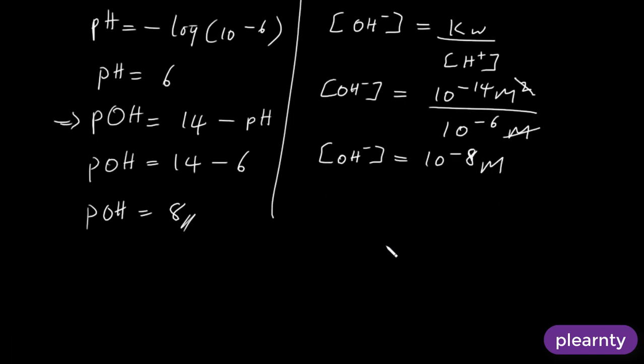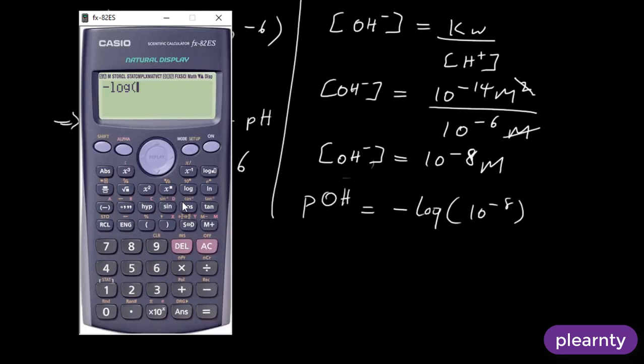Then from here we could say pOH is equal to negative log of hydroxyl ion concentration, which is 10 raised to power minus 8. Since that's our former answer, we could just say negative log of answer, close brackets, and that is 8.